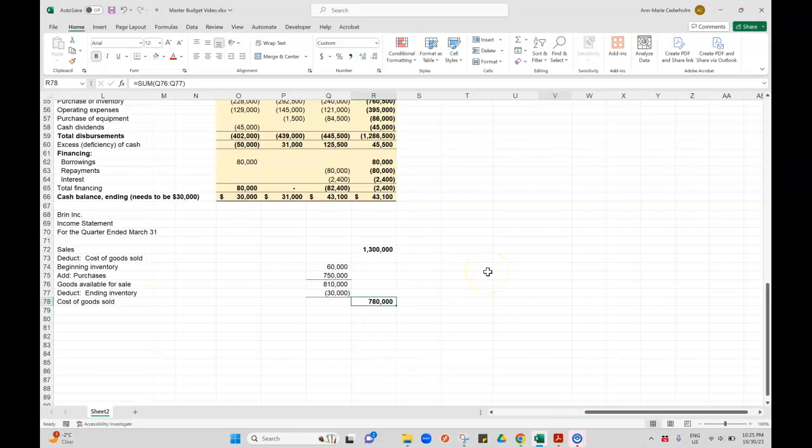So I do want you to go the long way like I did just to verify that that number is correct. And then what we're going to do is subtract the cost of goods sold from the sales, and that gives us our gross margin, or sometimes we call it gross profit.